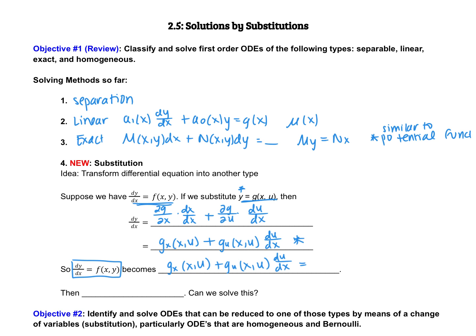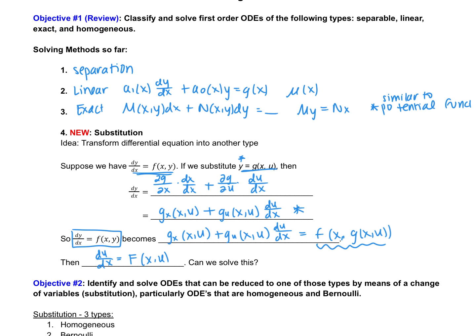And that is now equal to f of x, and y we are replacing by g of x,u. So what we get then is du/dx is some function of x and u. And notice I used a capital F, not a lowercase f, so it is different than this function we have above. So the question is, can we solve that equation?